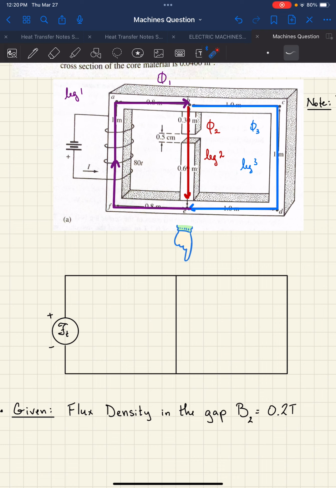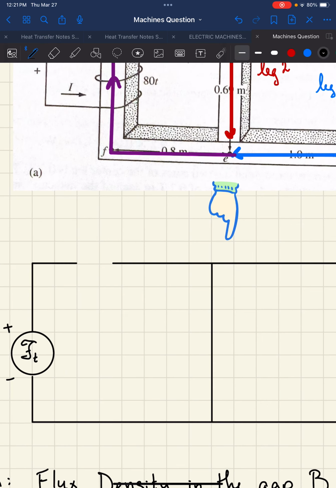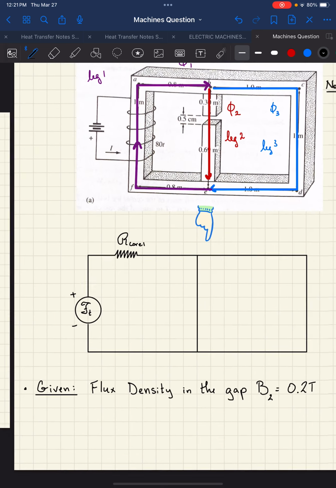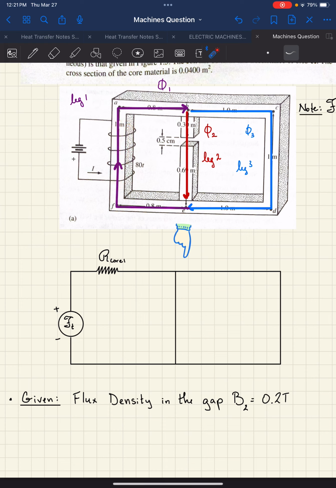Let's call that reluctance core 1. Basically this whole reluctance can be summarized into one resistor. We can just put it over here. This is reluctance core 1, and by 1, I mean leg 1. So this represents all the reluctance in this portion.